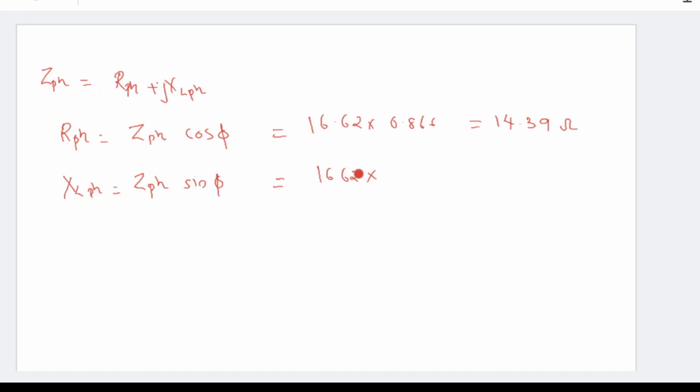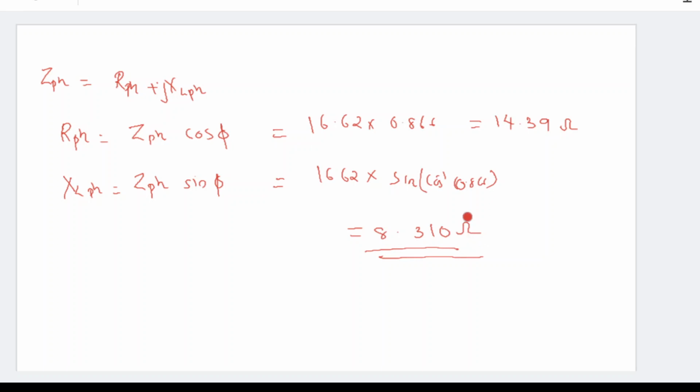I have to take cos inverse. Okay, so I'm finding out cos inverse of 0.866. That will be 8.310. That is equal to 8.310 ohm. This is also ohm.